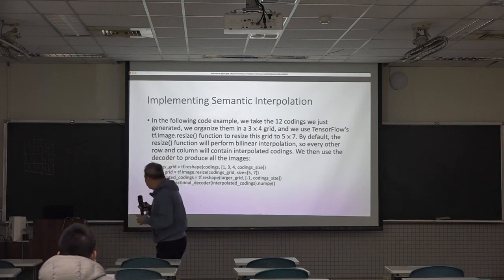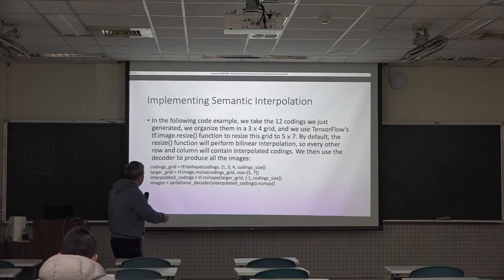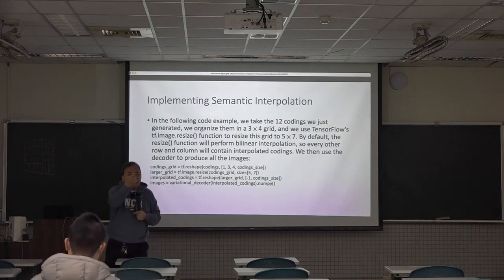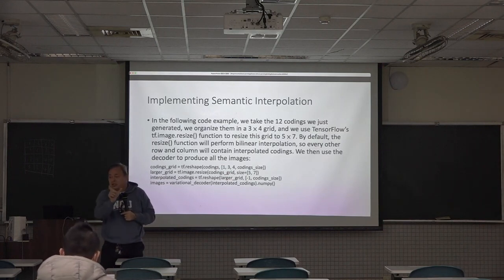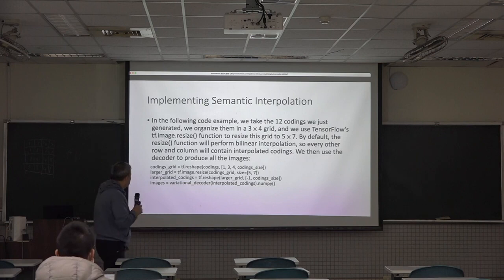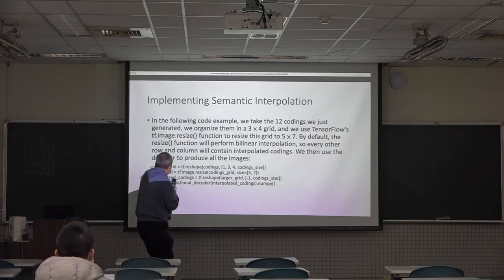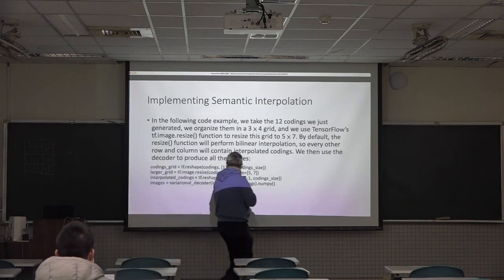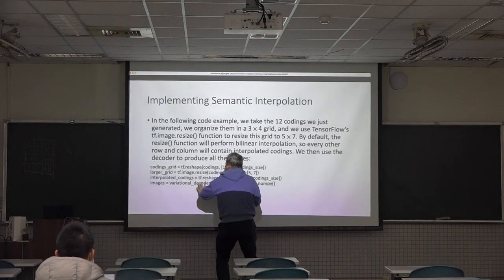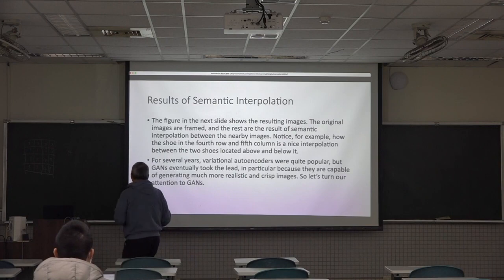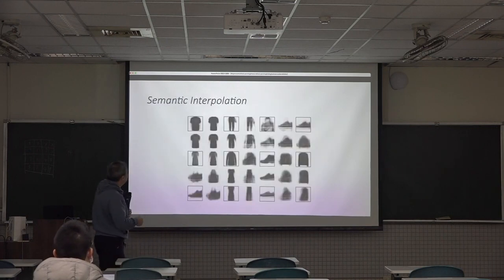For those empty spaces, this TF reshape is going to automatically create the interpolated vector for you. Then you feed these interpolated codings into the variational decoder, this generative model, and what you are going to get is this one.